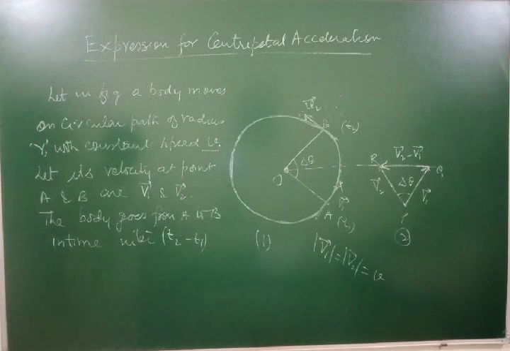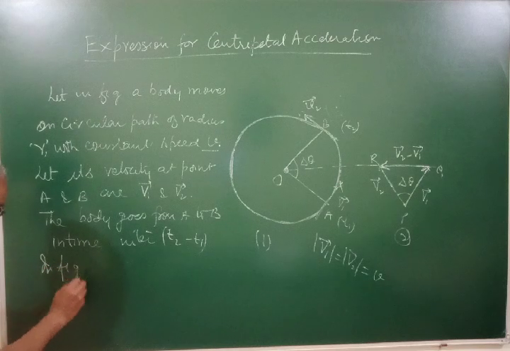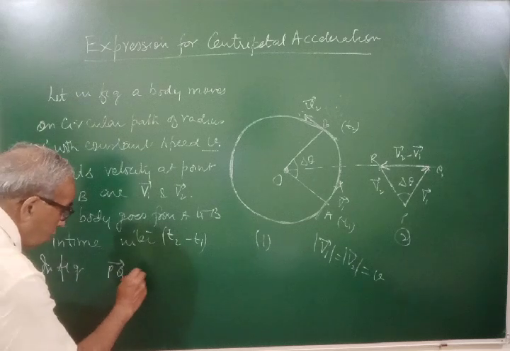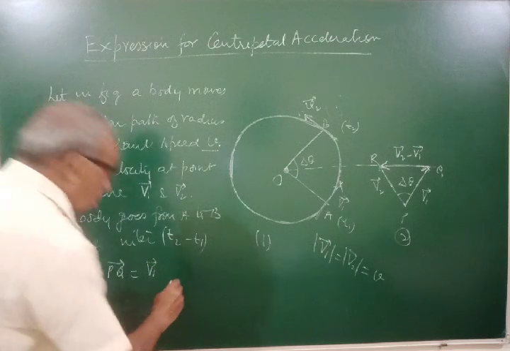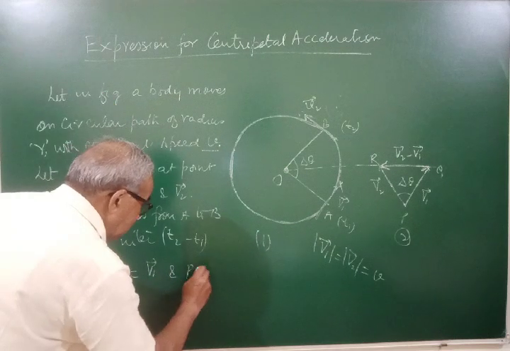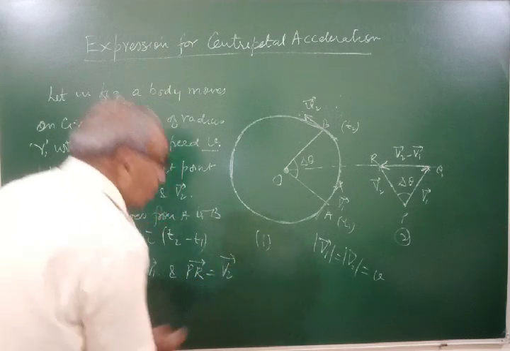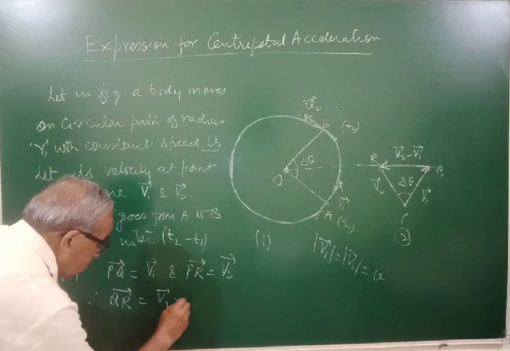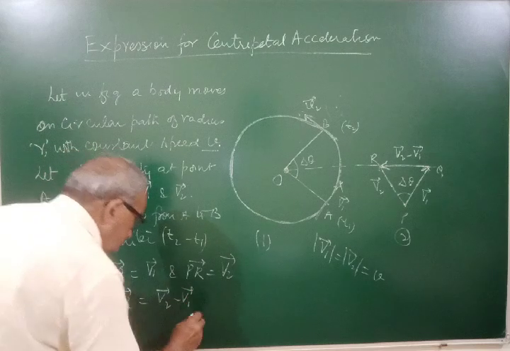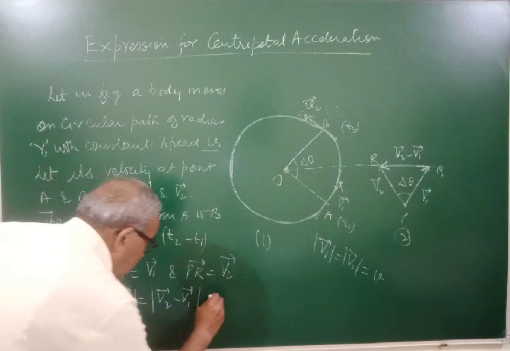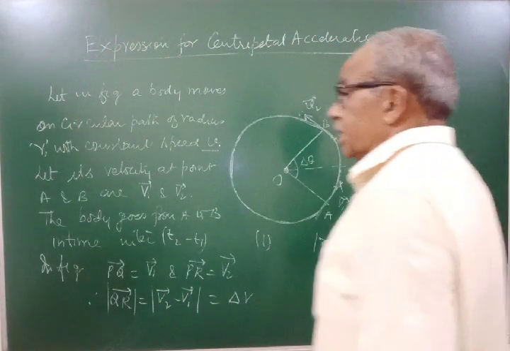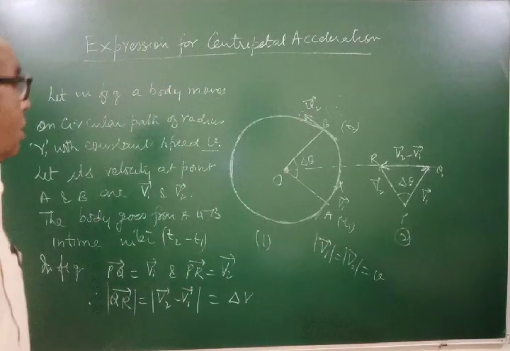So to find the change in velocity in figure 2, vector PQ equals v1 and vector PR equals v2, and hence vector QR equals v2 minus v1, and its modulus I take as delta v. So delta v is the change in velocity.